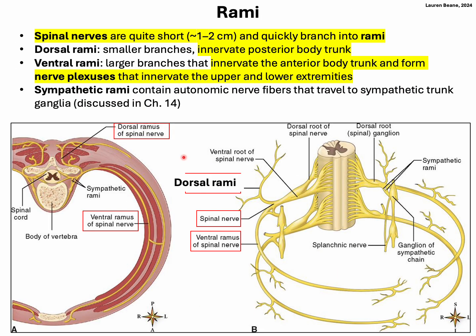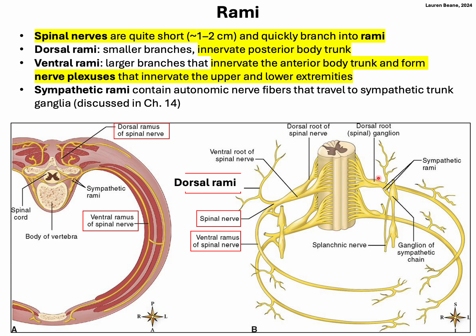Spinal nerves are very short, only about 1 to 2 centimeters, and then they quickly branch to form rami. So when we look at this visual here, here's our dorsal root, here's the ventral root coming together, here's the short little spinal nerve, then quickly branching into a dorsal ramus, and then here is a ventral ramus. So all spinal nerves are doing that, quickly branching.